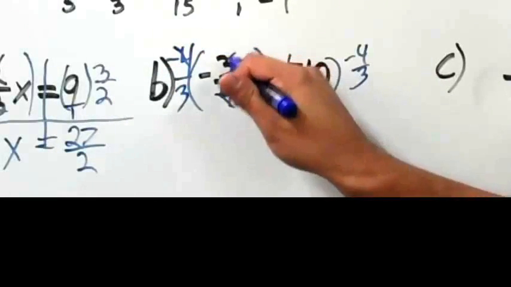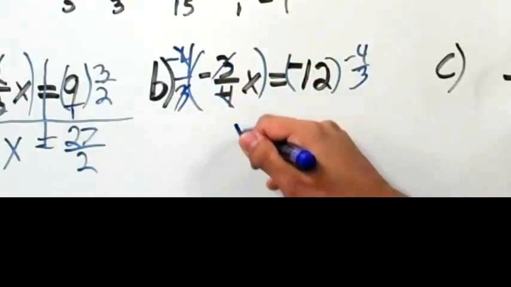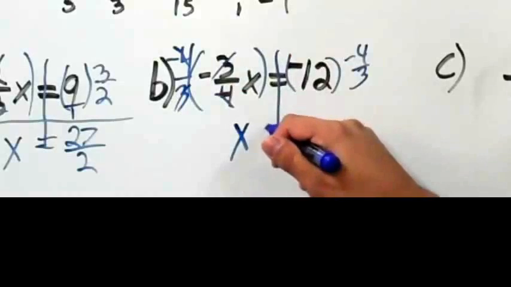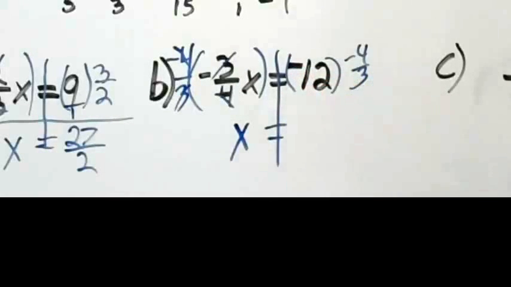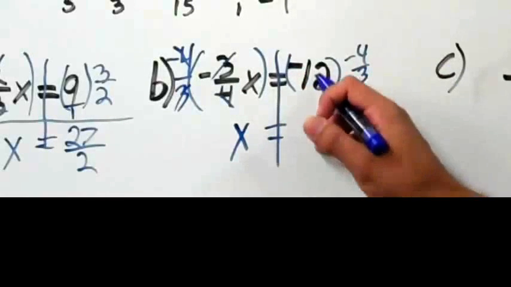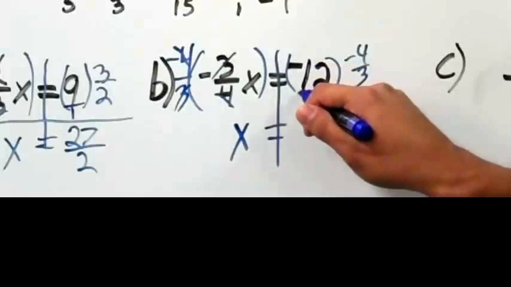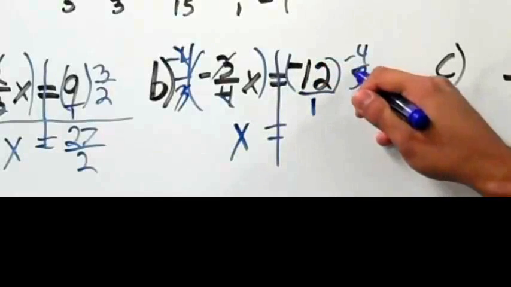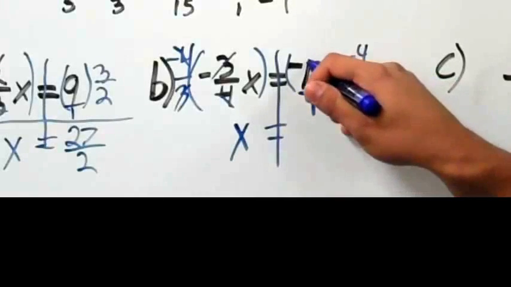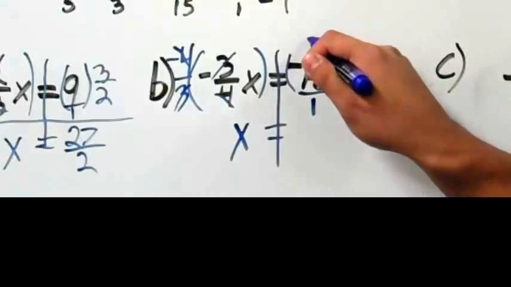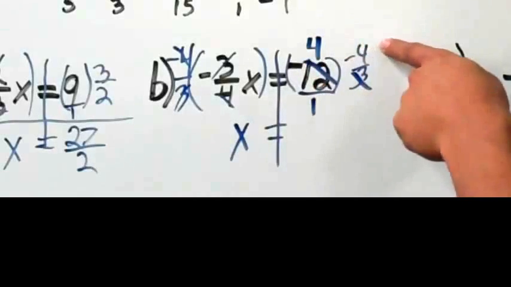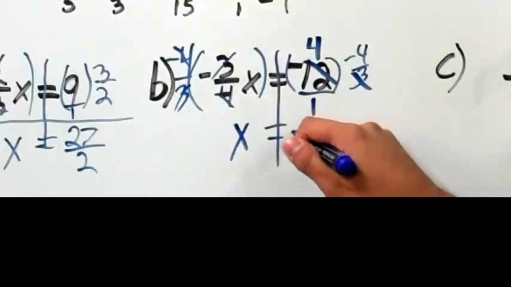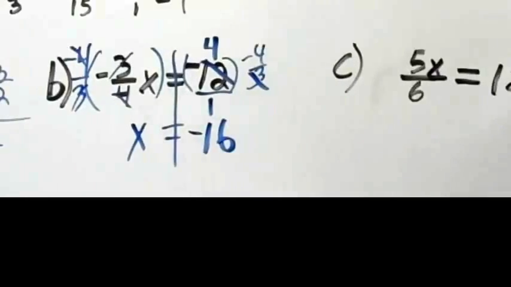These cancel out. I'm left with x equals negative 12 divided by 3, because I can always turn this into a fraction, right? I can always cross cancel. I can do the division first. 12 divided by 3 is 4. So really I have 4 times negative 4, which is negative 16.